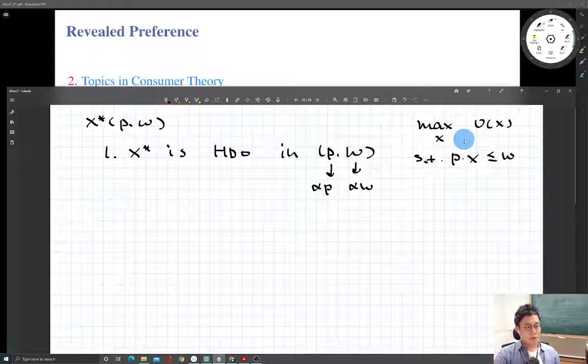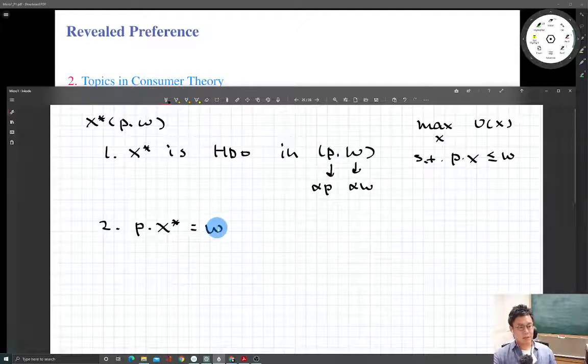And the second property was Walras' law. The p dot x star should be equal to w. In words, for utility maximization, the consumer has to exhaust all of his disposable income. So the optimal choice must be on the budget line.